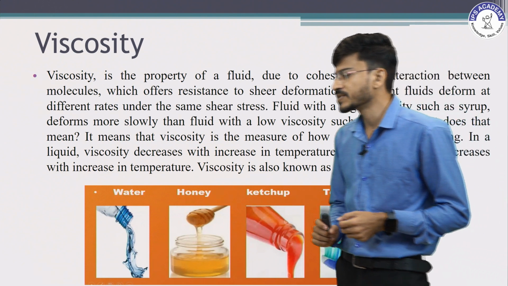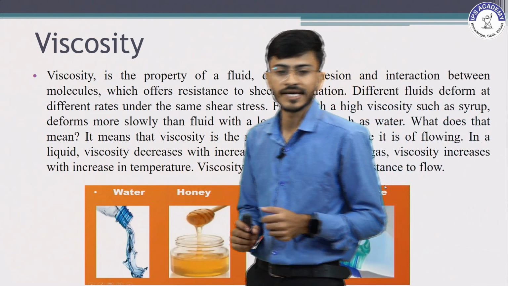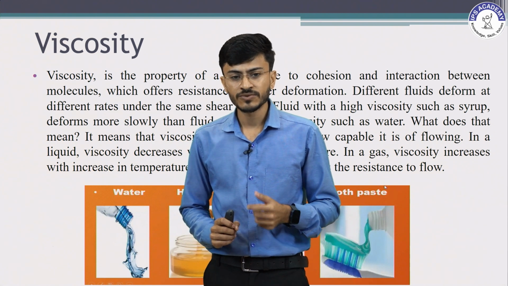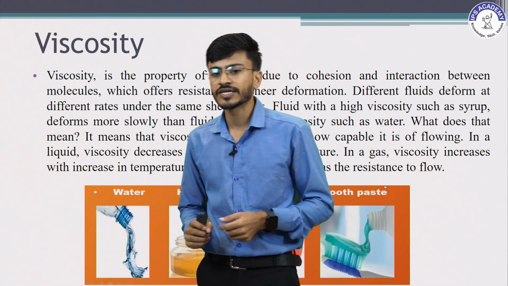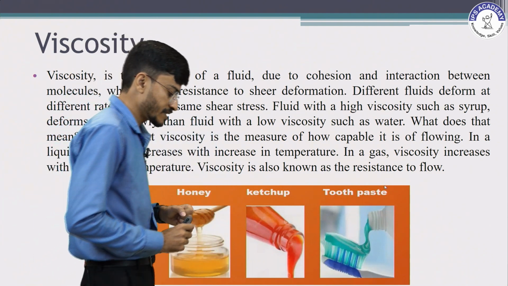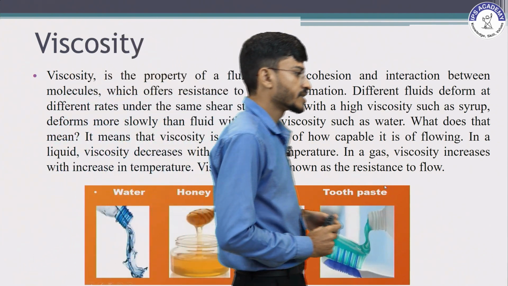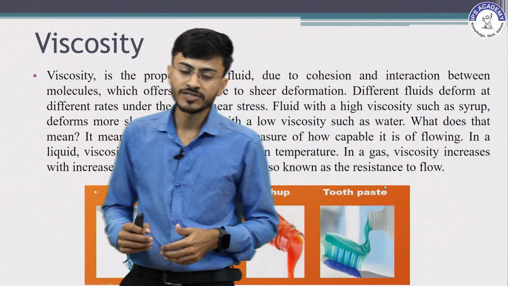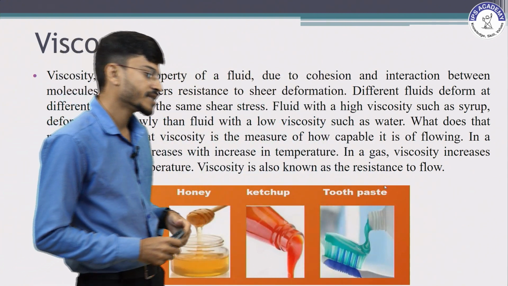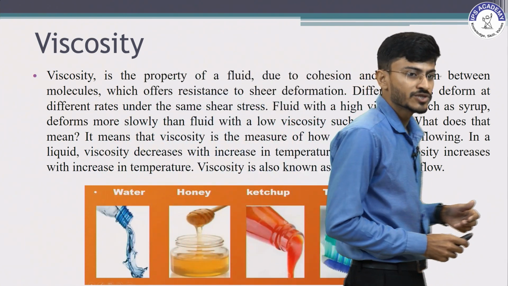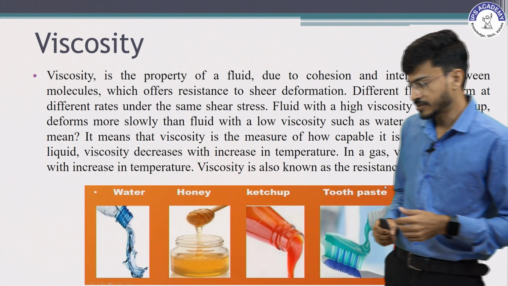Whereas in the case of gases, if we heat the gas, what will be the effect on the viscosity? The viscosity of a gas depends on the randomness of the molecular behavior of the gas. If we heat the gas, the molecules will move with high velocity and collide more with each other, and it will increase the viscosity of the gas.